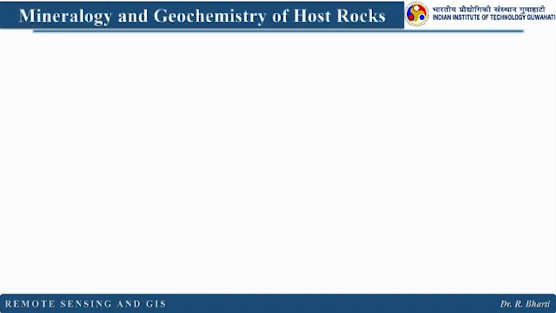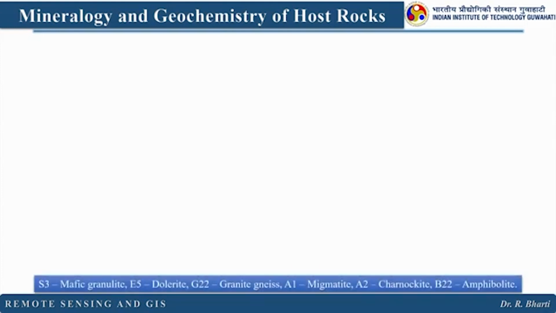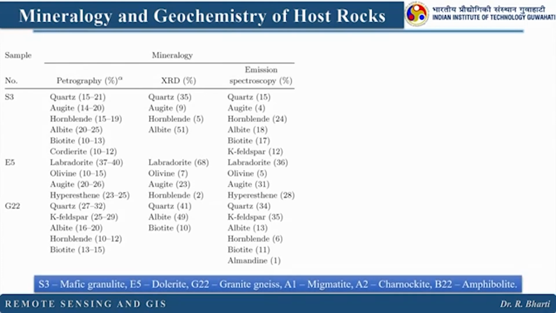So, once you have this kind of confidence in your spectral unmixing, then you can produce this kind of tabular data where you can compare the results derived from spectral unmixing and XRD and petrography and other conventional techniques. Here you can see from petrography the quartz is 15 to 21, this is the range of percentage, whereas in XRD it is 35, with emission spectroscopy it is 15%. So, in this case it is matching well with the petrographic result.